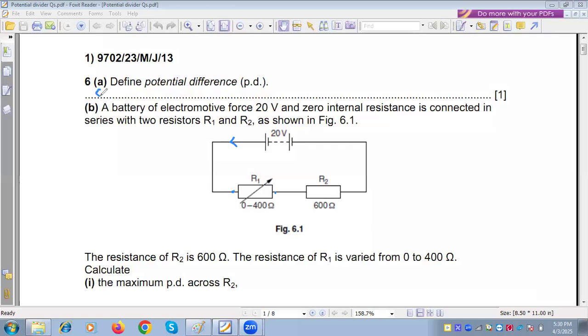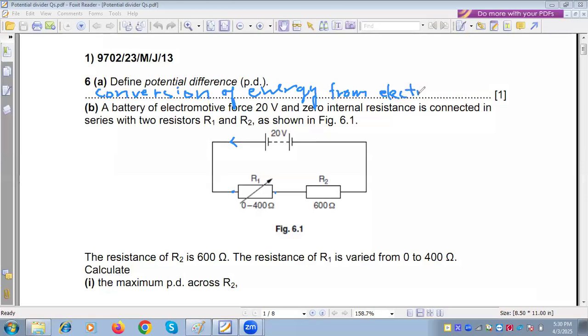So conversion of energy from electrical to non-electrical. Since it carries only 1 mark, this 1 point definition will be okay.